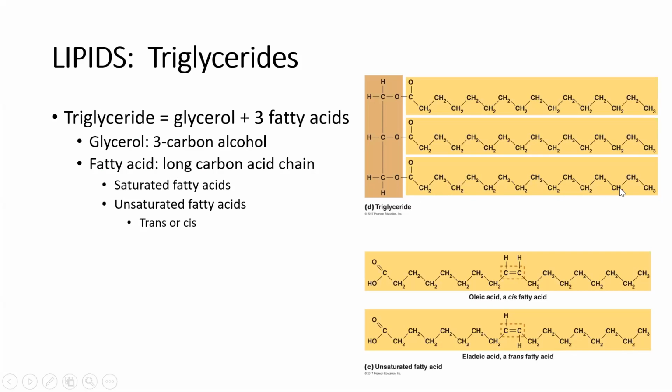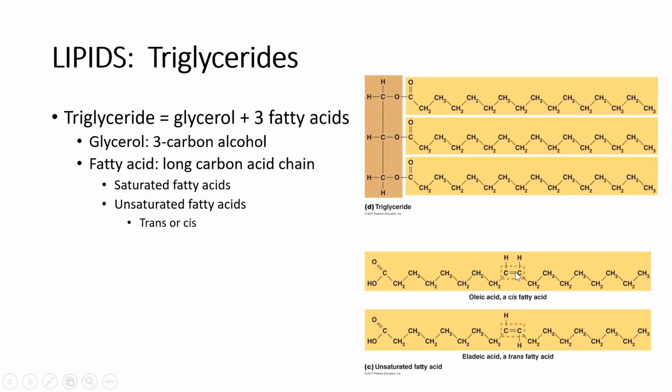It has all the binding that can be done, or all the covalent bonds that can be formed. Whereas we can compare that to an unsaturated fatty acid, examples here at the bottom, that do have double bonds somewhere in between. Okay, and so they can have additional binding, additional covalent bonds.